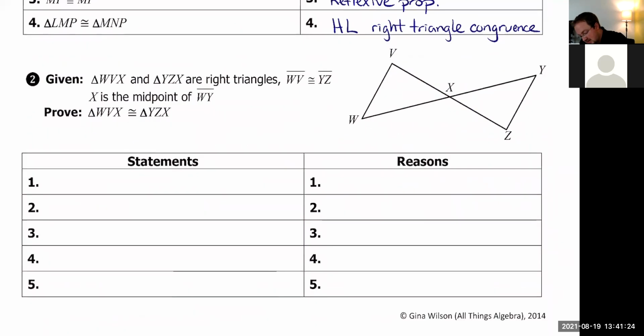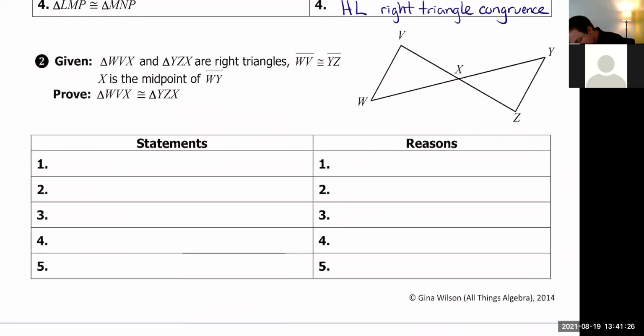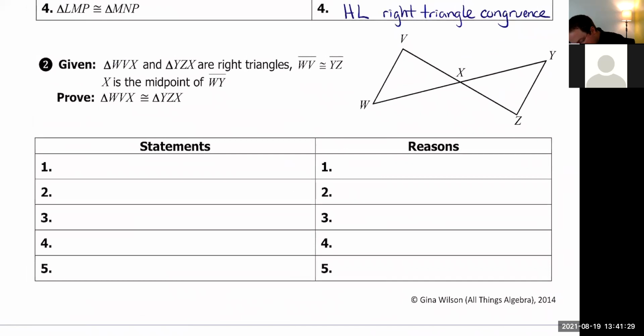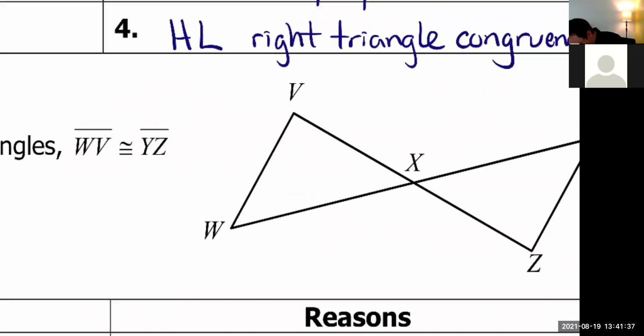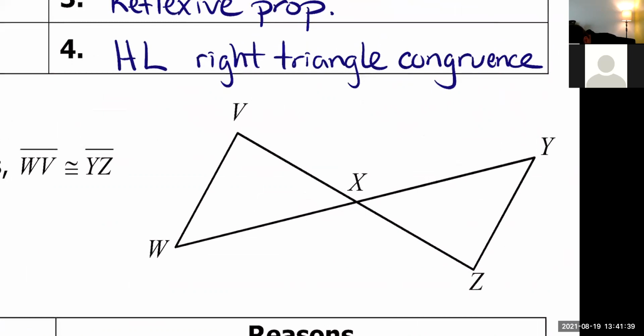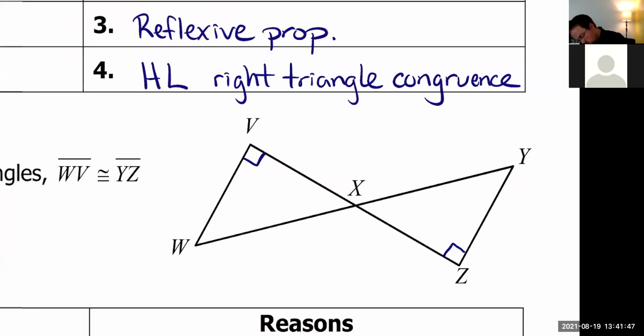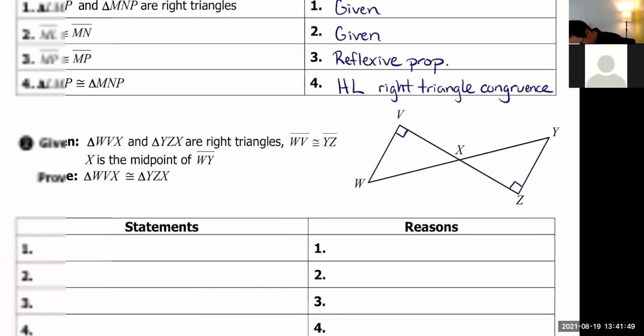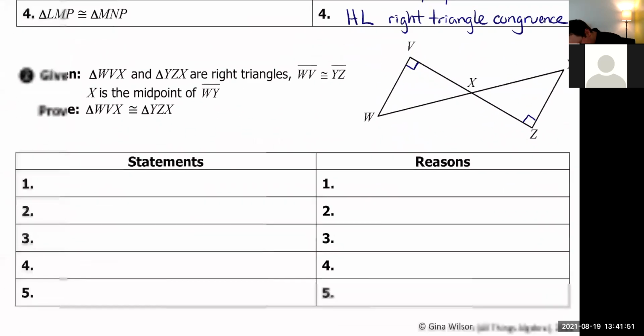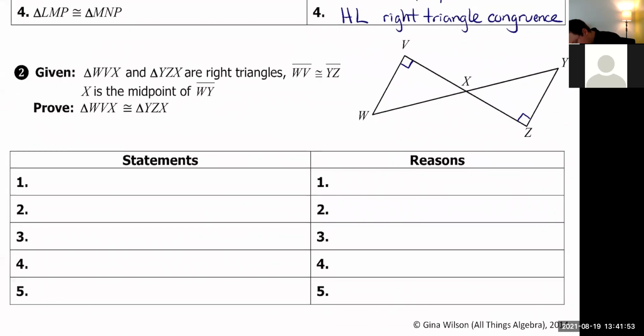So our last one for today tells me that triangle WVX and triangle YZX are right triangles, which allows me to come in here to my diagram and put my little right angle indicators. It also states that WV and YZ are congruent.